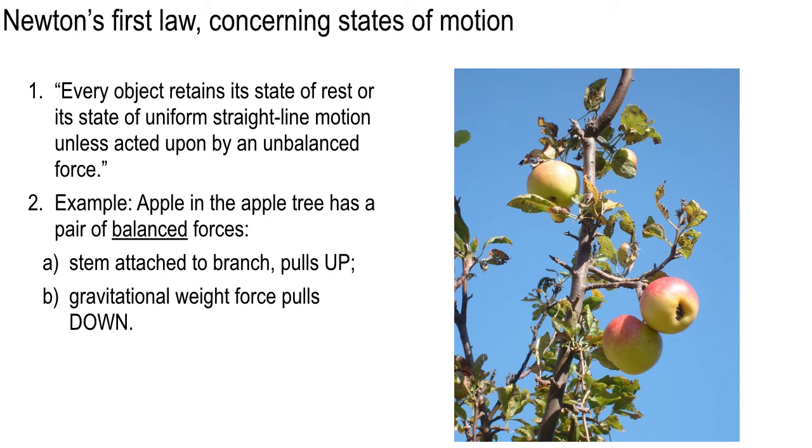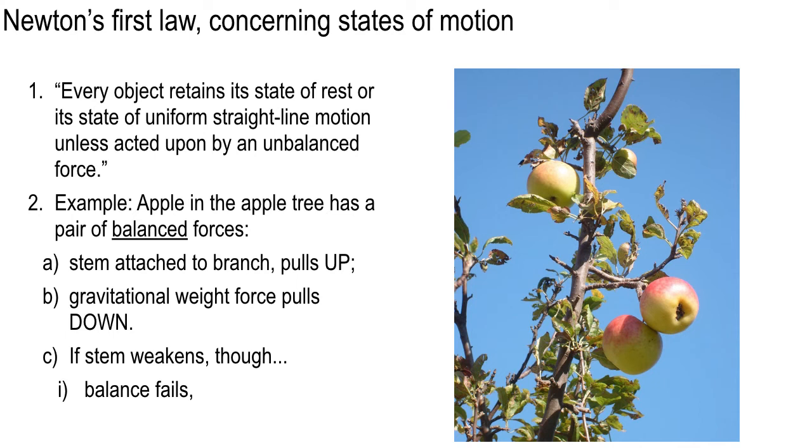Now, if it's at rest, then those forces balance. But if they go out of balance, for instance, if the stem dries out and gets brittle and weakens, then the balance will fail because gravity doesn't weaken. It's pretty constant.